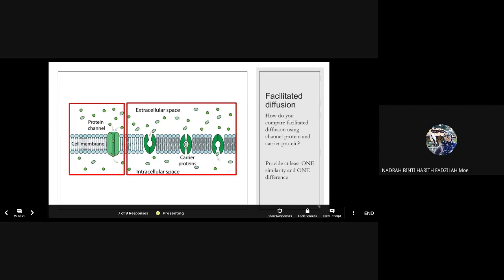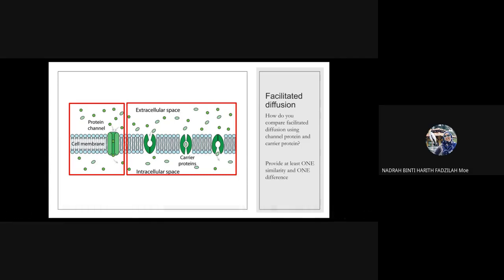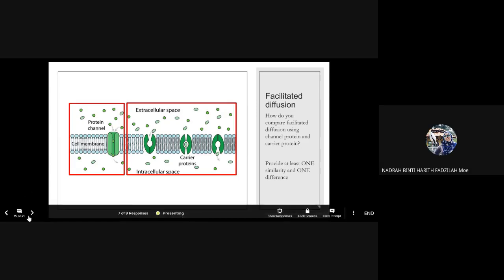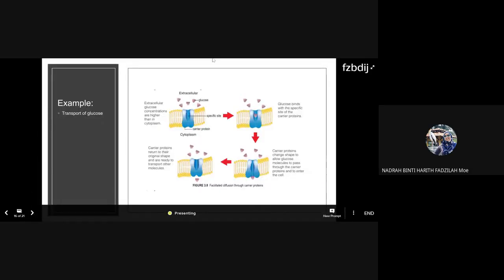Tapi the use of carrier protein is a bit complex, ada mechanism dia. So when we compare the rate of transport in channel protein and carrier protein, studies have shown transport using channel protein is much faster compared to carrier protein. Okay, kenapa carrier protein transport dia lambat?